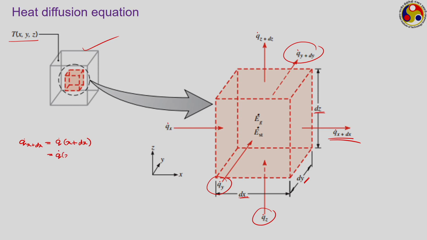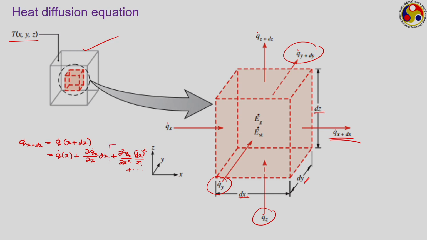This should be q dot x plus dou q dot x by dou x into dx, plus the second order terms, dou 2 q dot x by dou x 2 into dx whole square by factorial 2, plus the other terms.